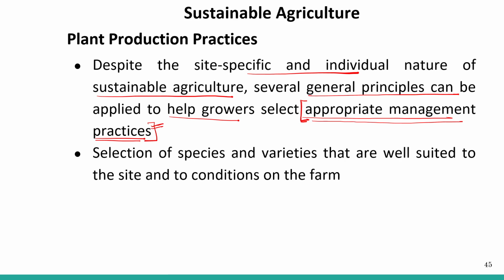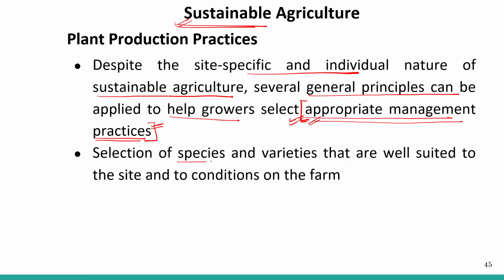Generally they know about them, but they are not in the habit, and they do not know the benefits that will come in the longer term. So one must help them understand the different management practices, and that is totally sustainable, very, very important.